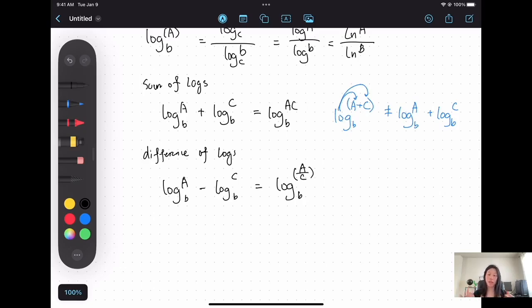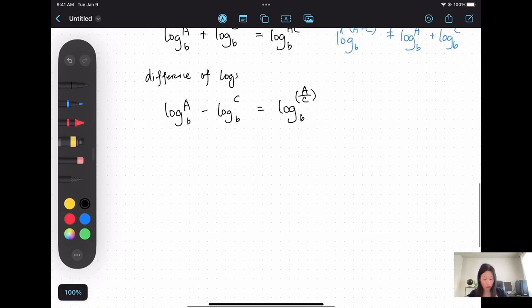So remember that addition becomes multiplication and subtraction becomes division. Okay, so now let's look at some examples. With this property, I can ask you to rewrite the logs as a single log.